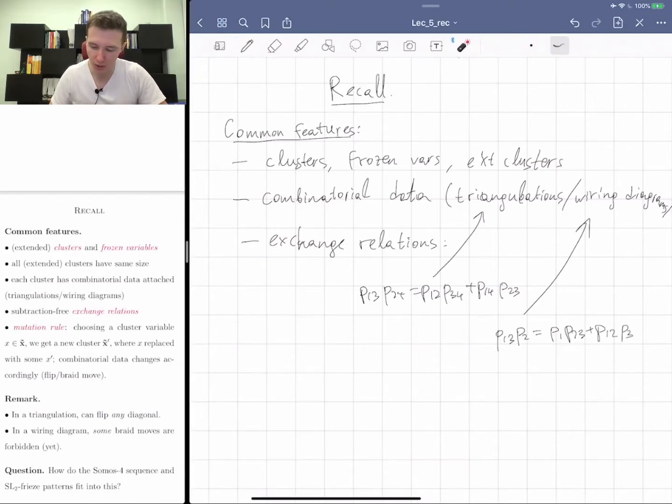These are relations between maximal minors of a matrix. These are relations between flag minors of a matrix.